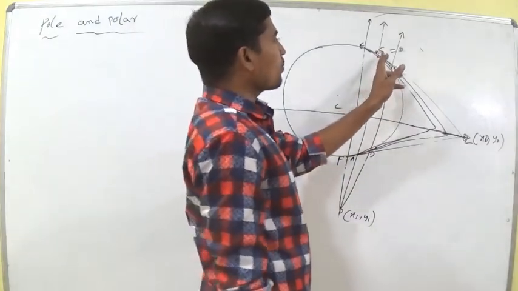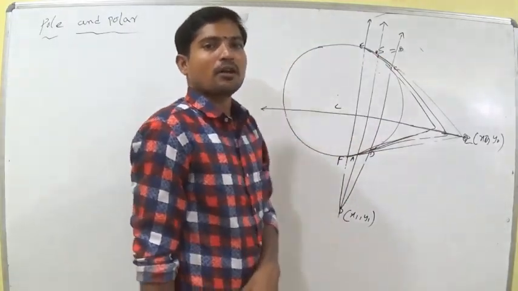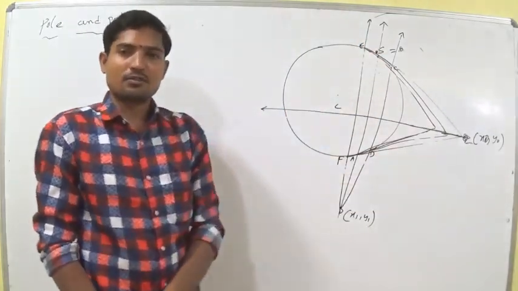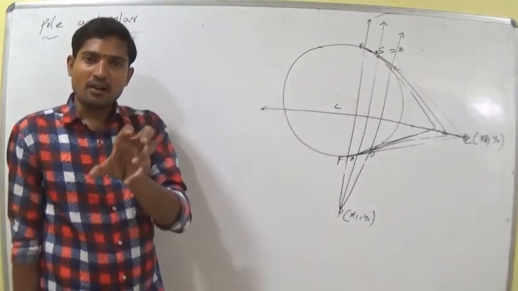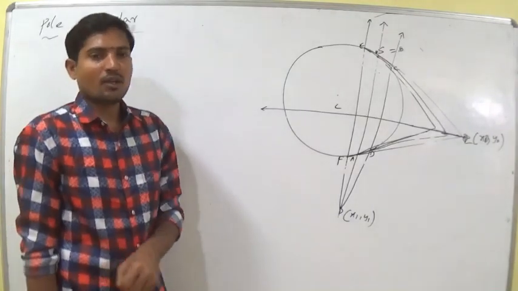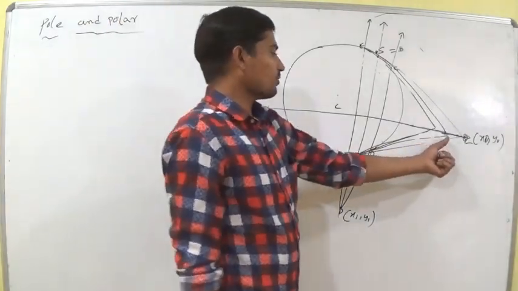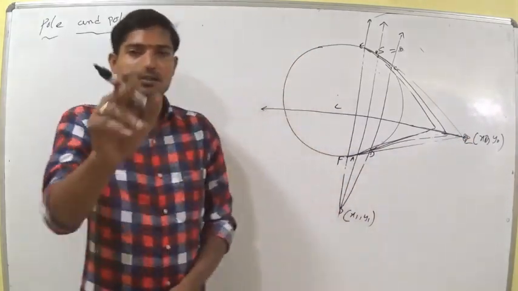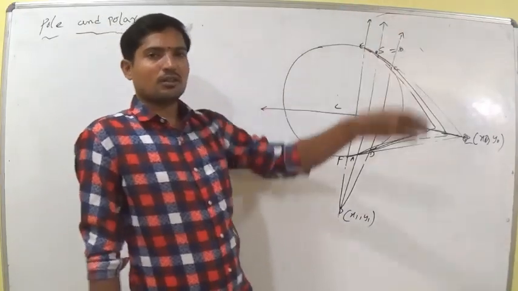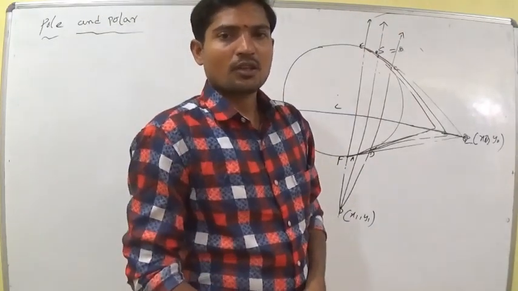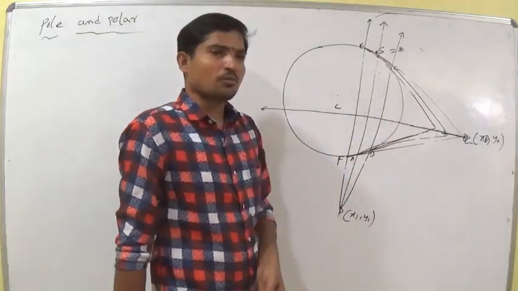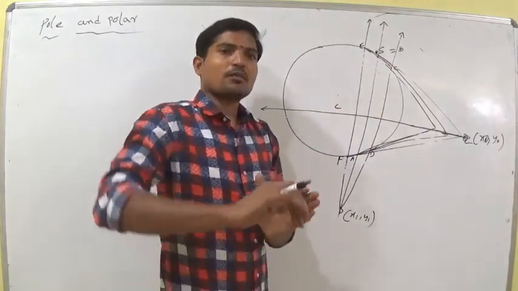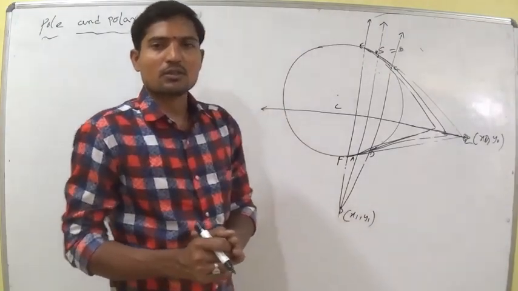From the intersecting points I drew tangents. The intersecting point of the tangents is Q(x0, y0). Again I drew one more line from that point which intersects the circle at two distinct points, and from there I drew tangents.